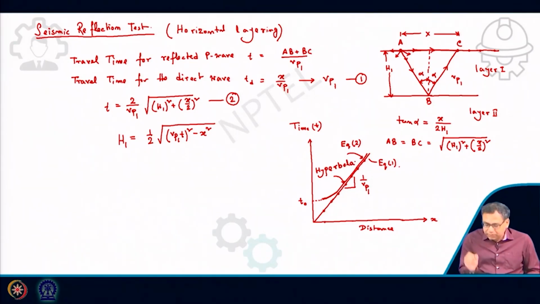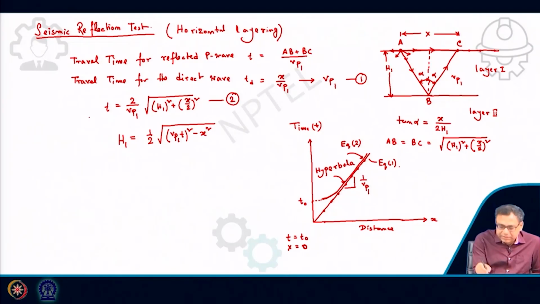Okay. So, now from here what will I get? I will get VP1, and that will give me the average value of VP1, not for a single geophone. Now, if I extend this equation to this hyperbola plot, then I will get T0. What is T0? T is equal to T0 when x is equal to 0.